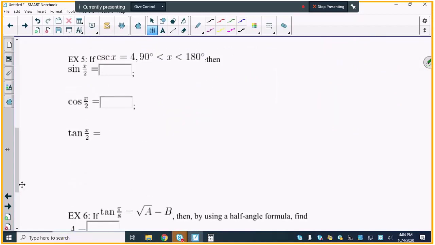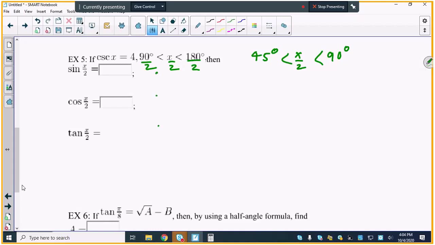X is between 90 degrees and 180 degrees, and cosecant x is 4. You want to know sine x over 2, cosine x over 2, and tangent x over 2. So if you are originally between 90 degrees and 180 degrees, and I divide all of them by 2, I get 45 degrees less than x over 2 less than 90 degrees. So x over 2 is in the first quadrant, so all three of them should be positive.